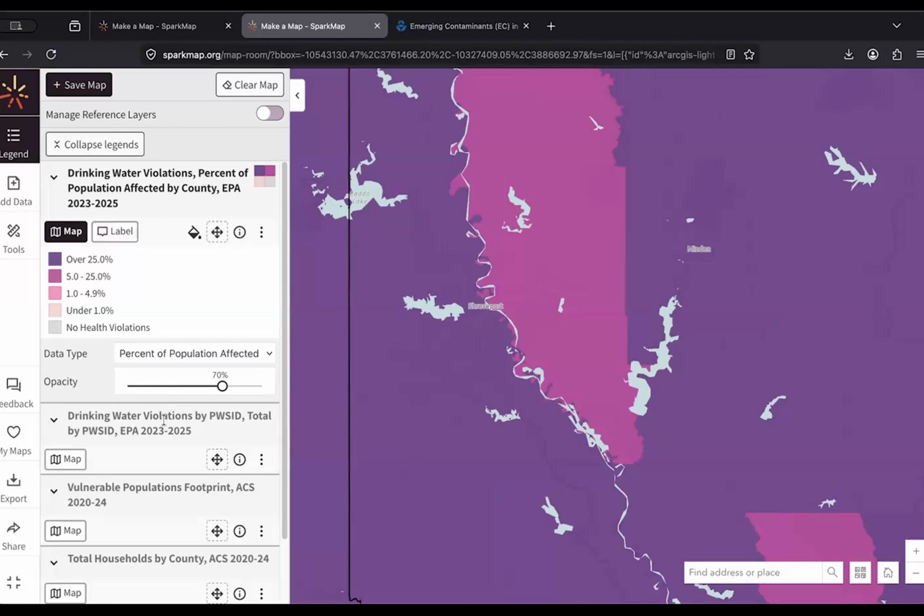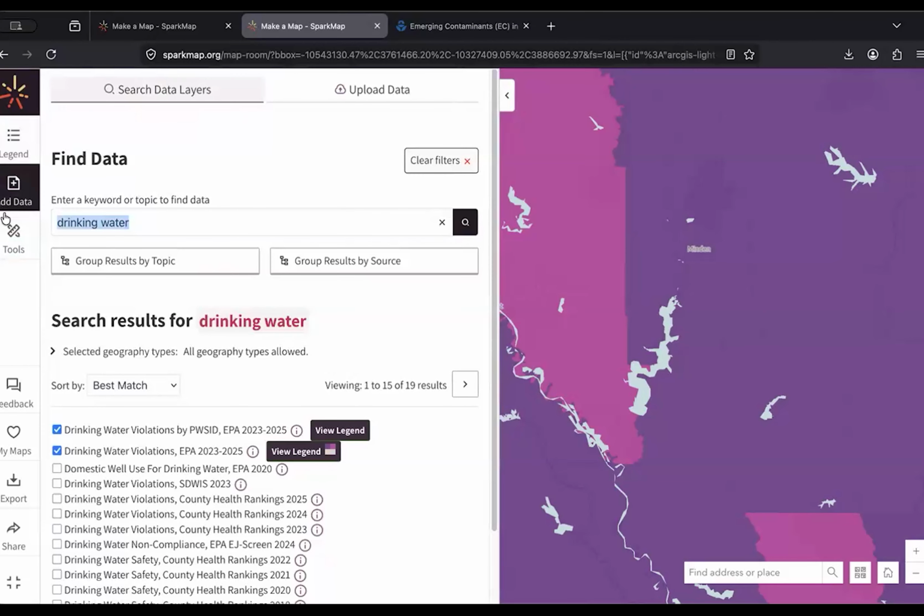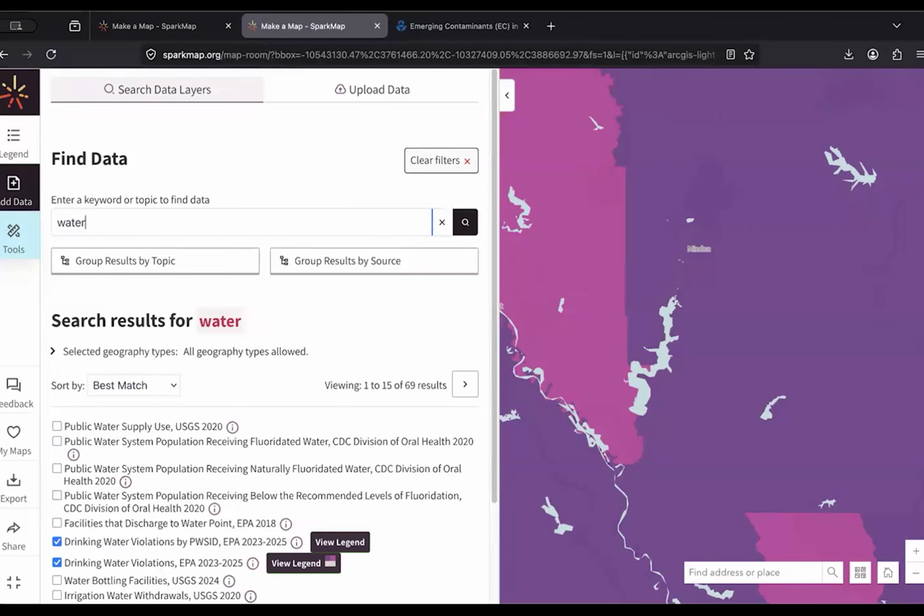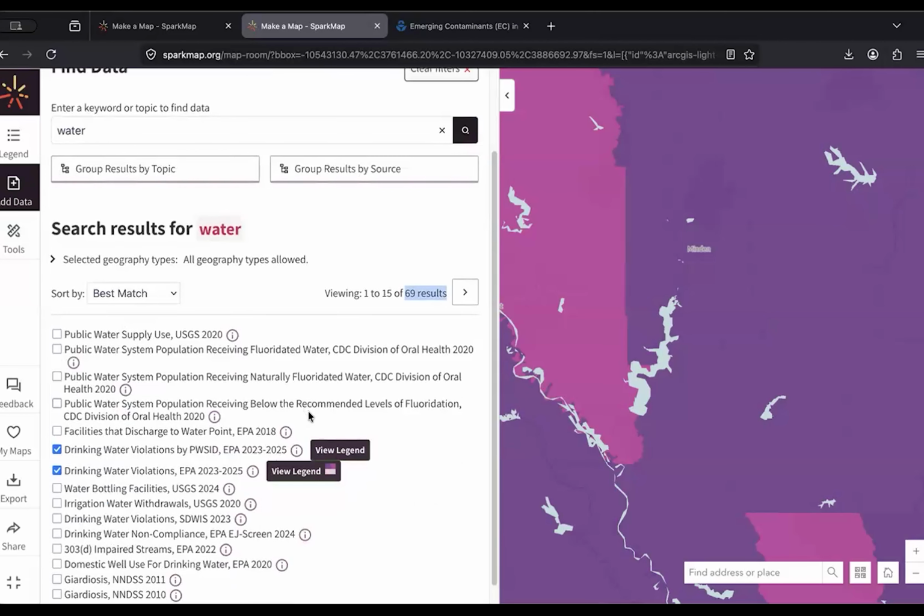In addition to the drinking water violations, I'm going to go back to my add data here and just type in water. And typing in water will get you a nice, big, broad grouping, about 69 results. It doesn't include all of the things that I had shown on my slide, but it does include quite a few of them.